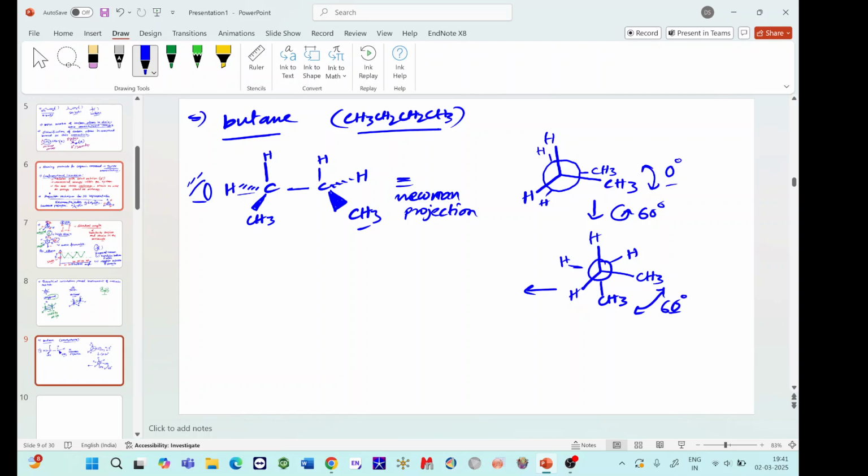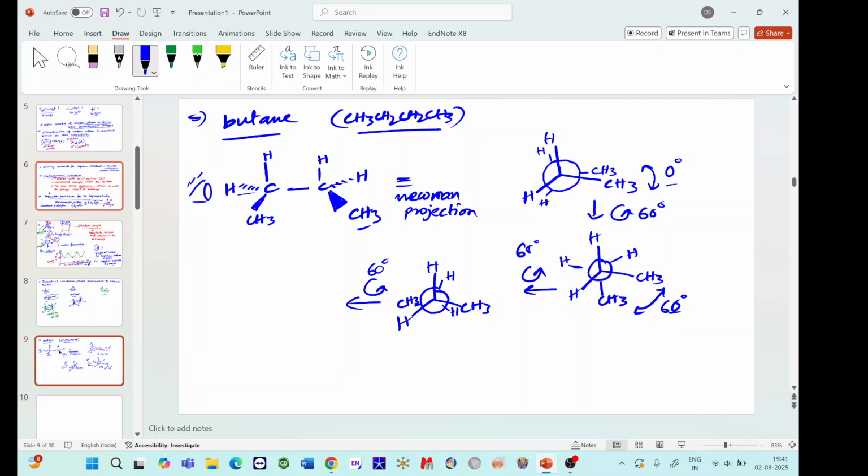Now again we rotate another 60 degrees. Anyway, my front carbon is not changing. It will be the same. So now you can see these are eclipsed, but the angle between the two CH3 groups is changing. Now again rotate another 60 degrees.